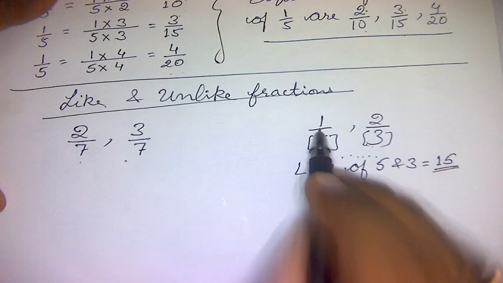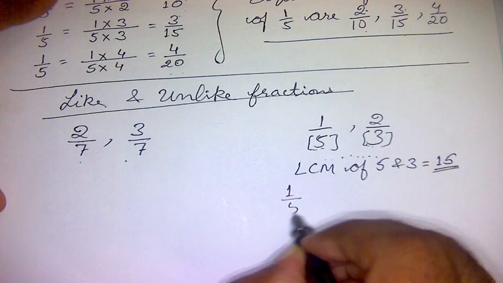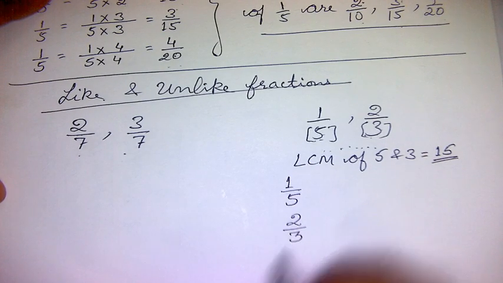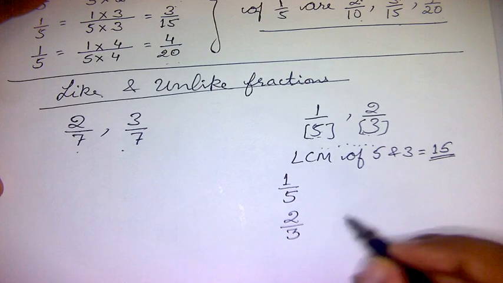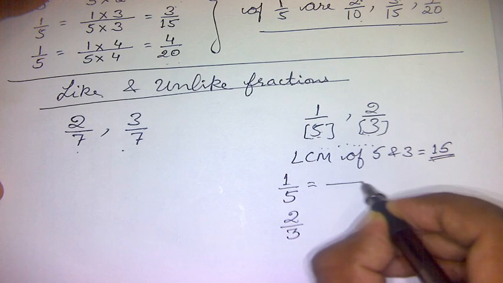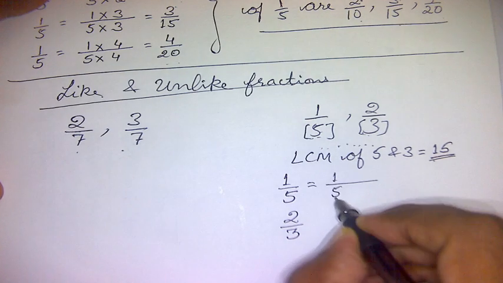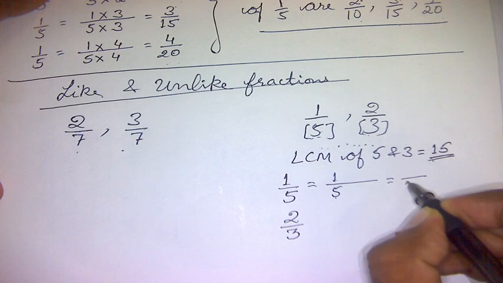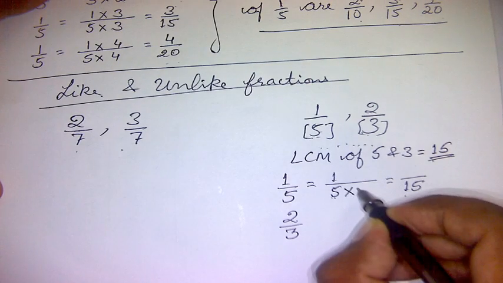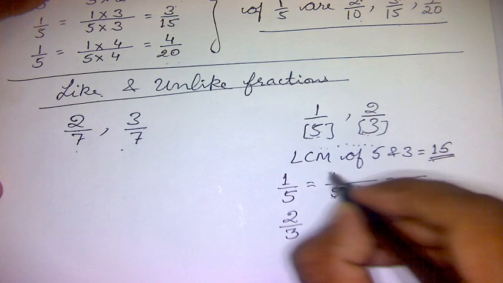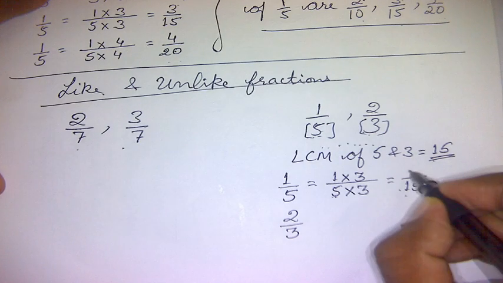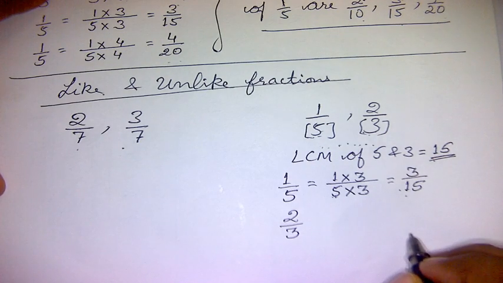Now we will find the equivalent fractions of 1 upon 5 and 2 upon 3 in such a way that the denominator is equal to 15. By what value should we multiply 5 so that the denominator becomes 15? 5 3 times is 15. So we will multiply the numerator also by the same value, and you get the fraction 3 upon 15.